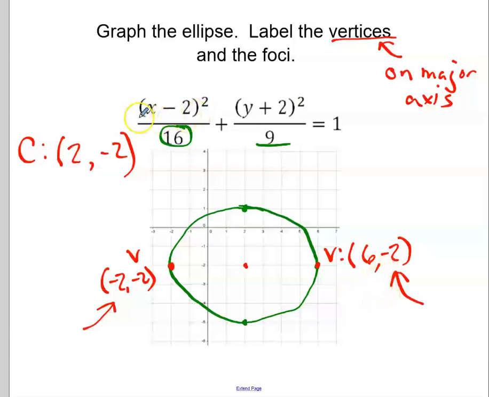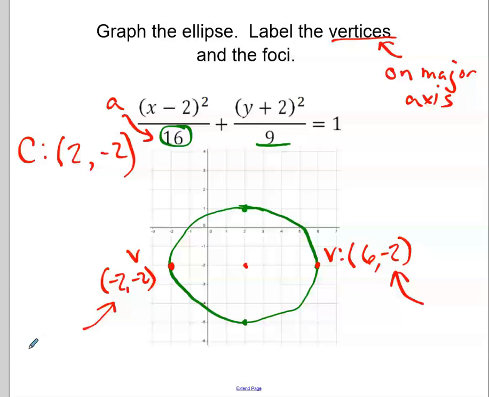And 4 happened to be your A. So your A was 4, and that was under the x, so your major axis was horizontal. So the x of the vertex was 4 more than the center and 4 less than the center. Not a huge deal on the graphing, but that's going to come in handy to recognize when we get to the second part of this lesson. So it's nice to notice those things now in this first part.